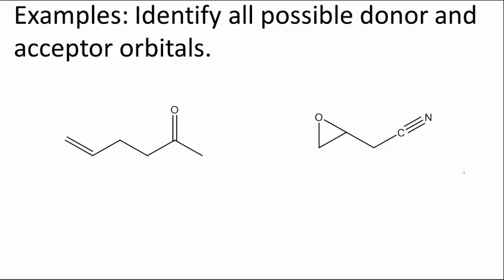In each one, try and identify, all right, what are my pretty good donors, what are my pretty good acceptors in that molecule, and the same for the one on the right.